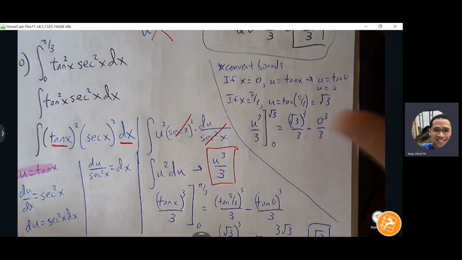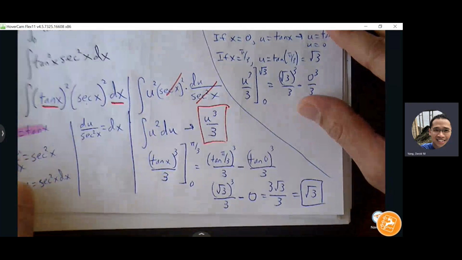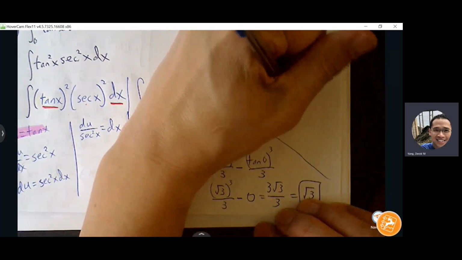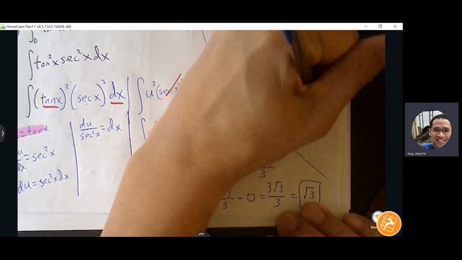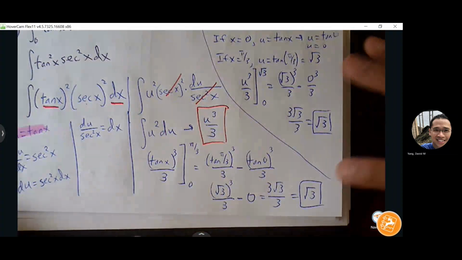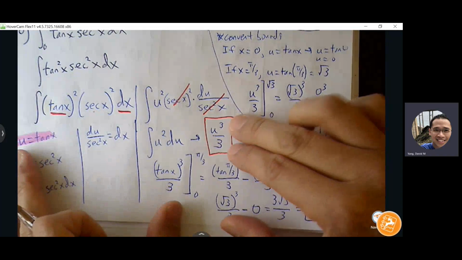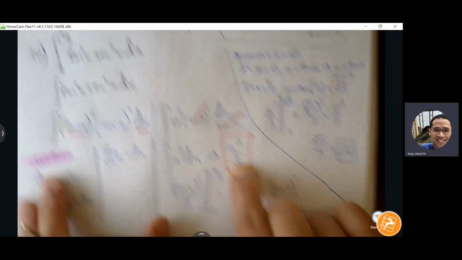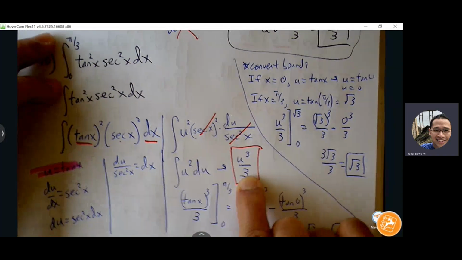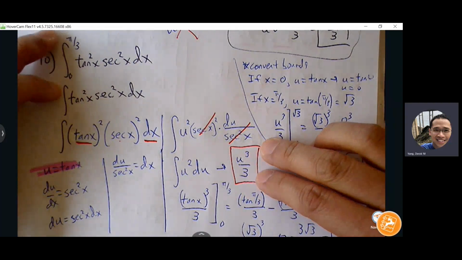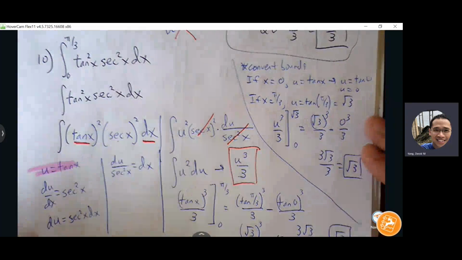Same result, right? Square root of 3 cubed is 3 root 3, and 3 root 3 over 3 is the same thing as root 3. Okay, so you can choose either method. What you don't want to do is use the u antiderivative with the x bounds. We don't want to plug in pi over 3 and 0 for that. That's not correct.